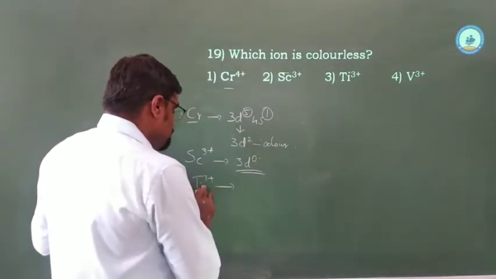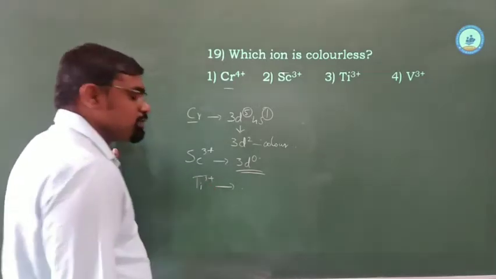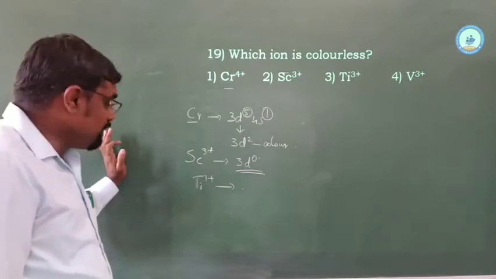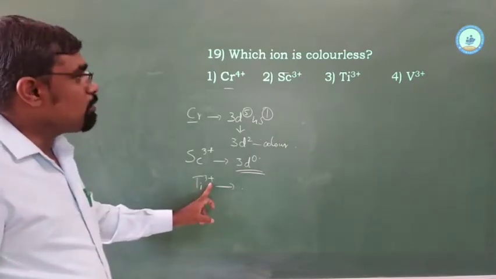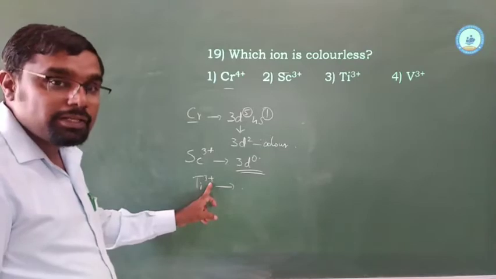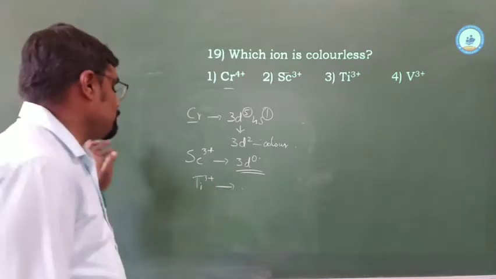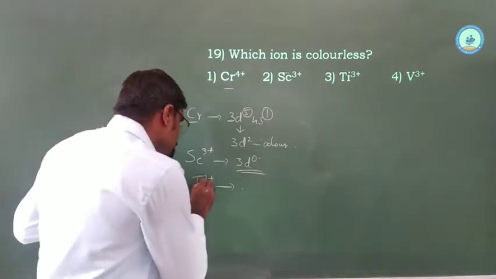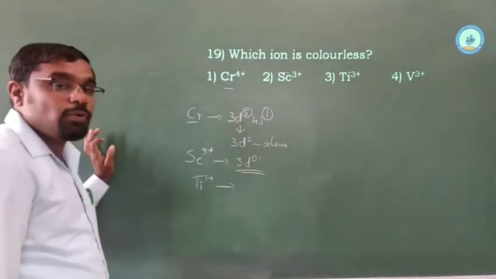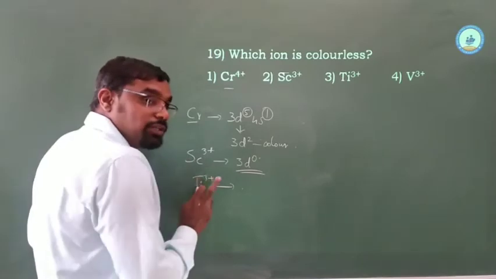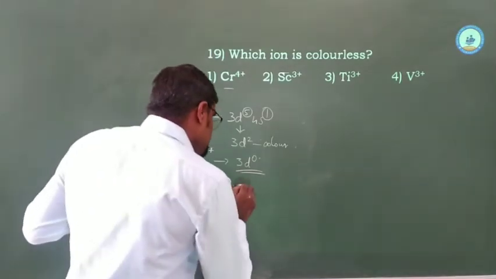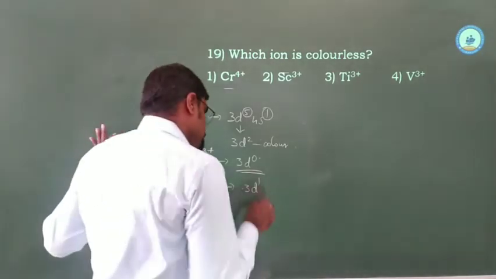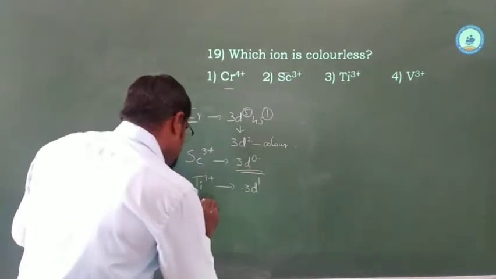The atomic number of titanium is 22. You remove 3 electrons, 2 from s and 1 from d. So in the d orbital how many electrons are there? Only 1.